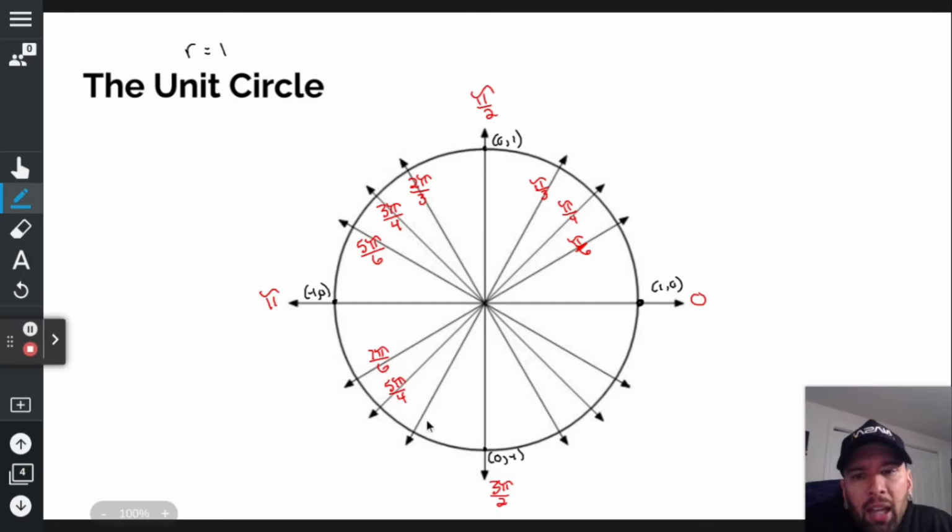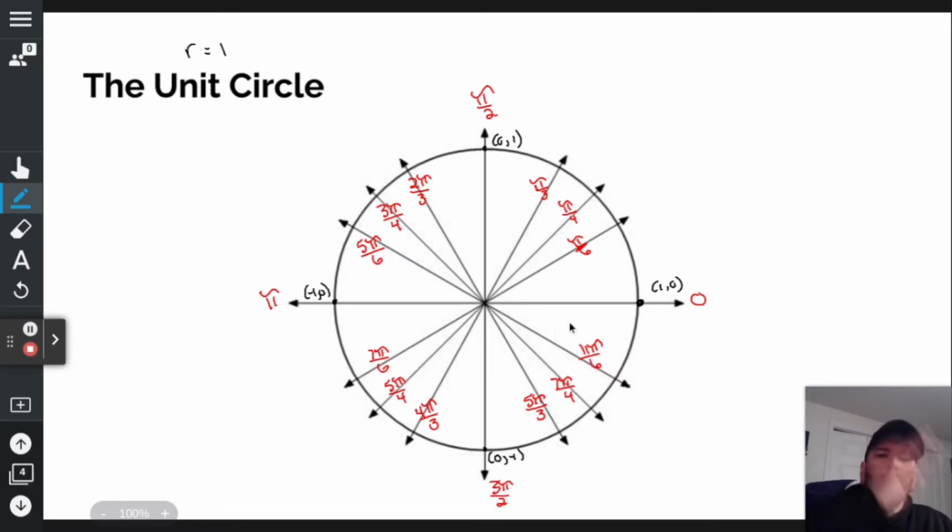Add 1 pi to that, you get 4 pi over 3. Add a whole pi to that, and you get, what is that, 5 pi over 3. Okay, add 4 pi over 4 to that, you get 7 pi over 4. And add 6 pi over 6 to this, and you get 11 pi over 6.